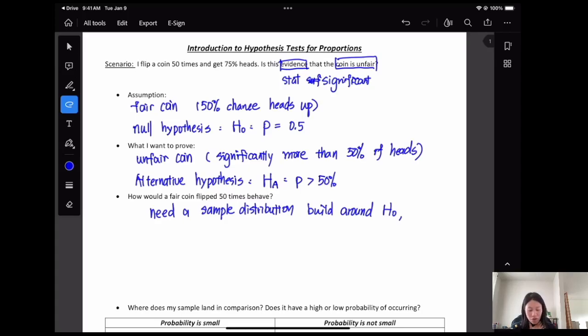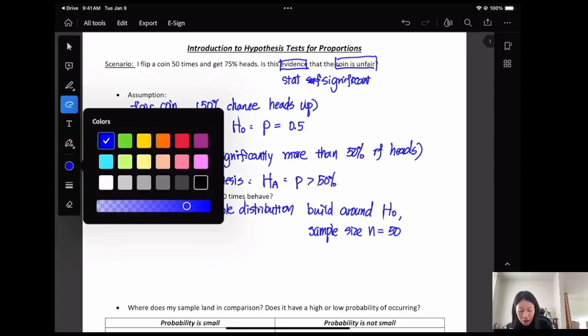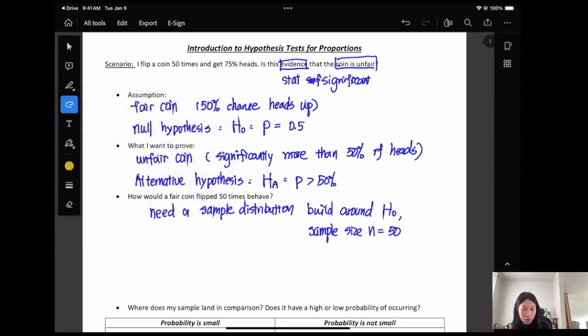Since we flip the coin 50 times, our sample size n equals 50. But right now, we don't know if we can use the sampling distribution or not, because in order to use it, we need to check the central limit theorem conditions: independence and randomization. These two are always checked.